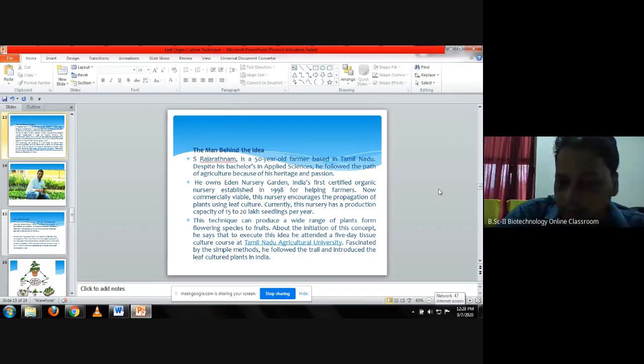About the integration of this concept, he says that he executed this idea after attending a 5-day tissue culture course at Tamil Nadu Agriculture University. See, we are aligned to Shivaji University, Kolhapur. We have science-based universities in India, like Pune University, Mumbai University, our Shivaji University, Nanded University.